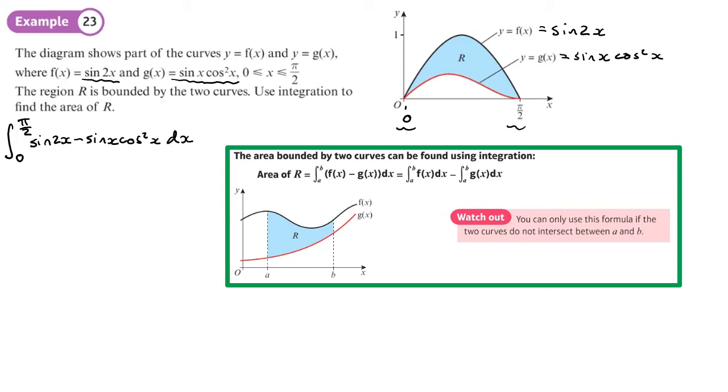Now the sine 2x I can integrate quite easily, that's not a problem. I'm thinking about how to do this. Now it does fit this pattern. Do you remember? They call it reverse chain rule using patterns. So it fits this pattern with some sort of value of k at the front.